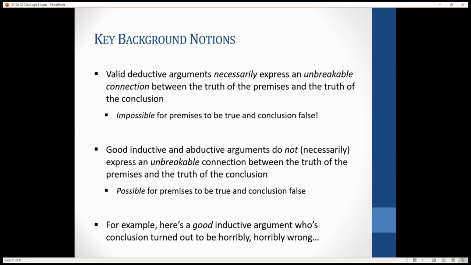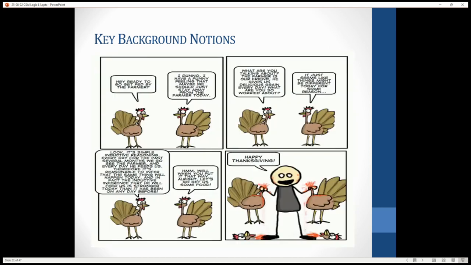So for example, here's a really good inductive argument. Good evidence, everything like that. Really bad conclusion. Trigger warning if you're vegan, I guess. So we have 2 turkeys. Right? Hey, look, farmers fed us a whole slew for the last long while.